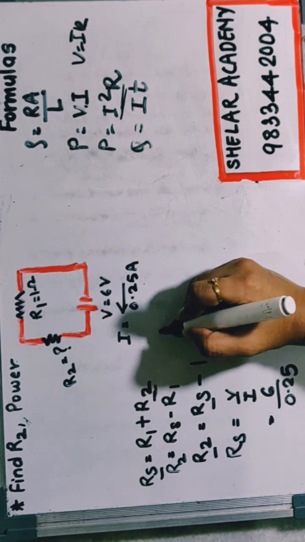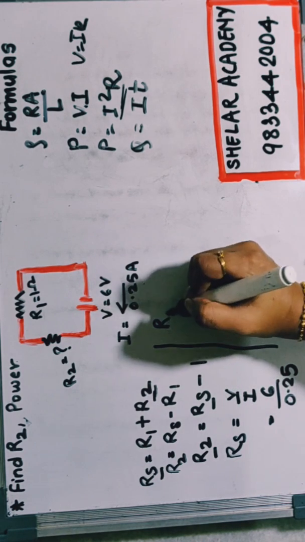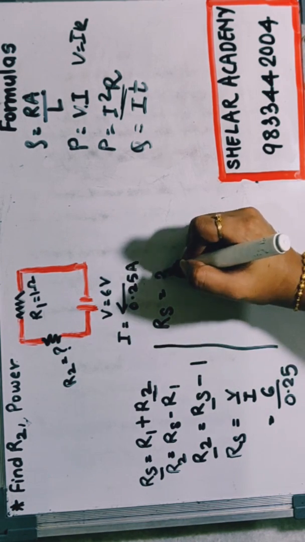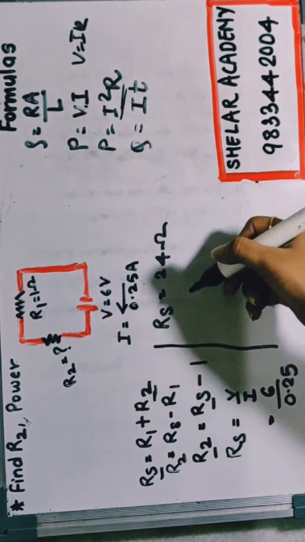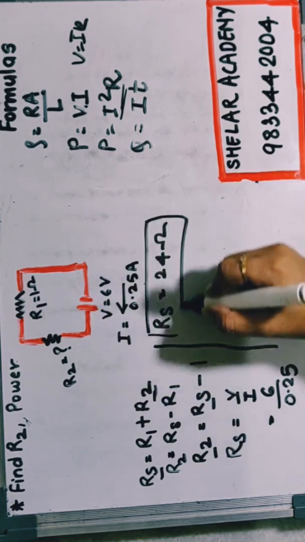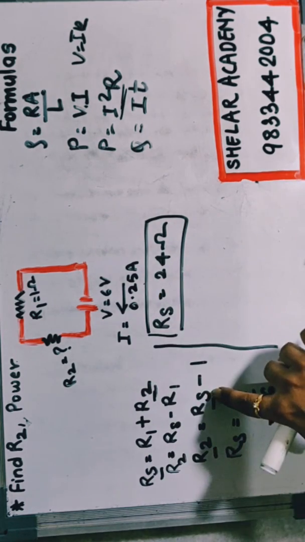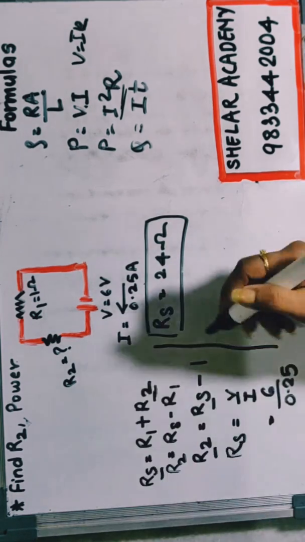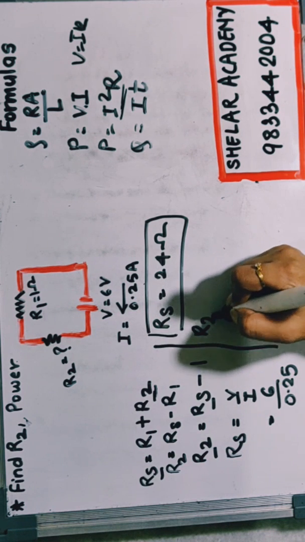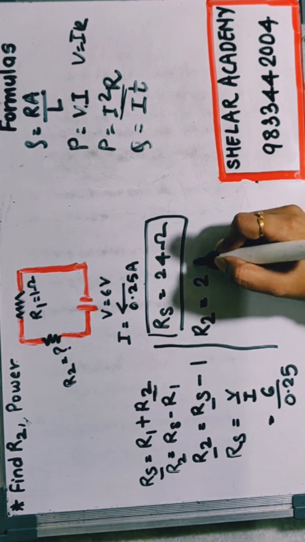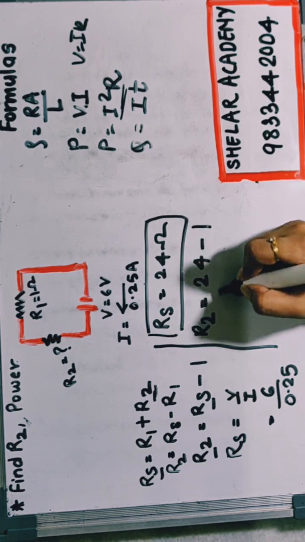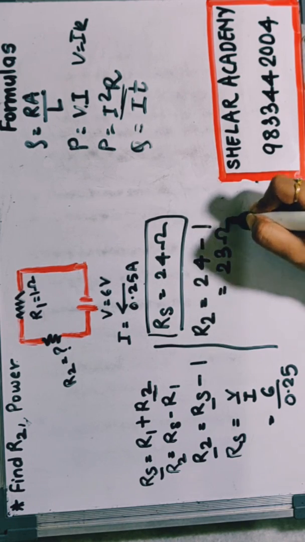So we get Rs as 24 ohms. By solving this further, we have got that. We can simply put this particular thing here and get R2. That's what we are going to do. R2 will become 24 minus 1, 23 ohms.